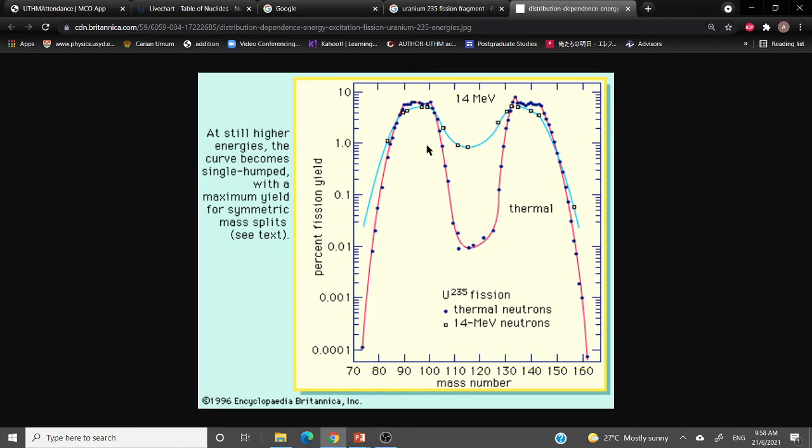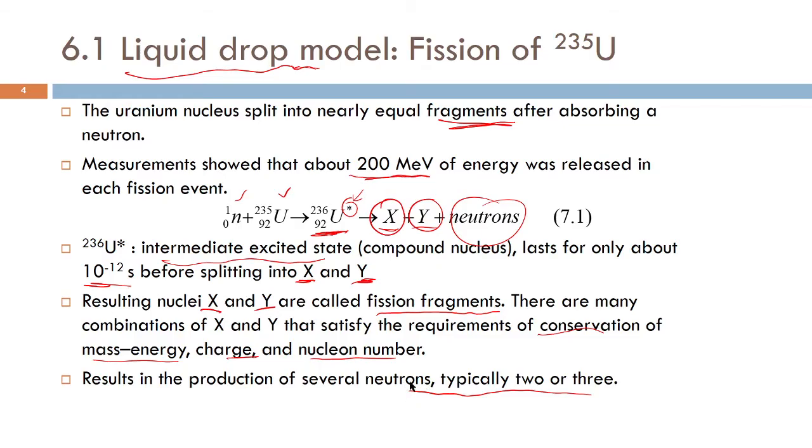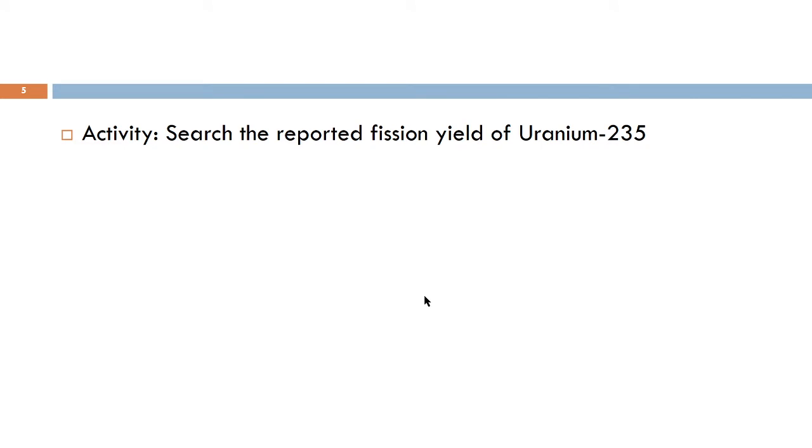So the peaks are eventually the same, but the middle cleavage is higher with the fast neutron. So that's the fission yield of uranium-235. It is called fission yield. So that is what you get from the fission of uranium-235.